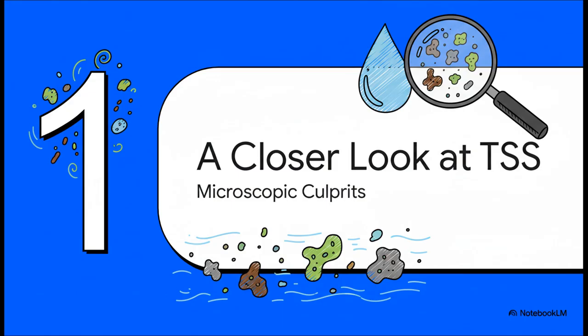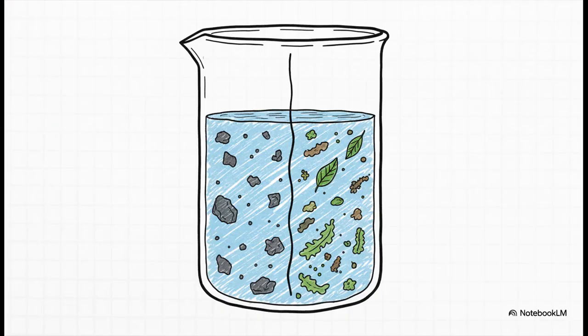Okay, so what exactly are these microscopic culprits making our water all cloudy? Well, it's not just one thing, it's actually a whole cocktail of tiny little particles. So let's zoom in and get a closer look at what's in the mix. This cocktail is made of materials that scientists basically split into two big groups: the stuff that was never alive and the stuff that was, inorganic and organic.